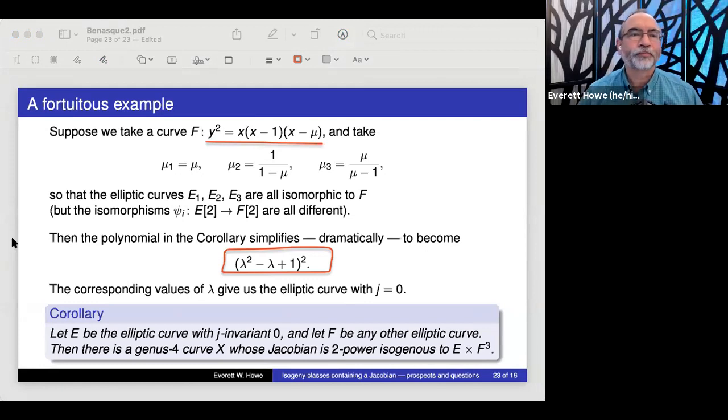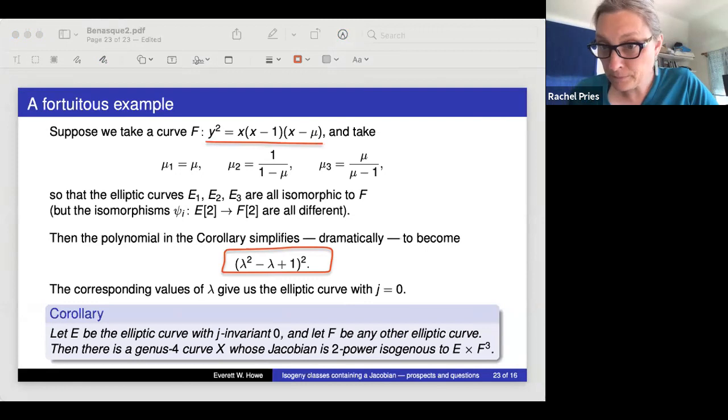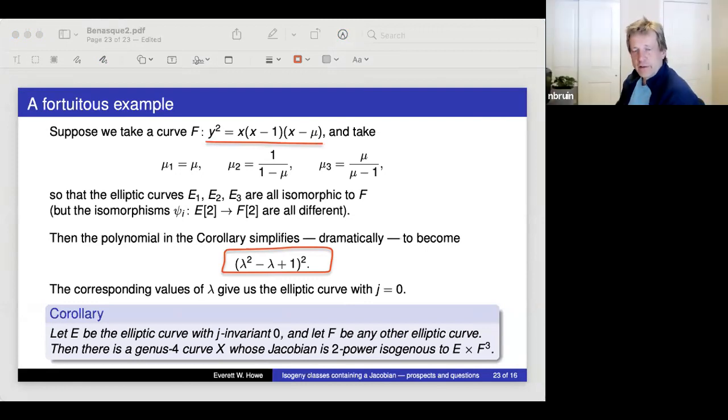Thank you. Let's see, Niels? Yeah. Hi, Everett. Thank you very much for the talk. My question was actually a little bit along the same lines as Bjorn's. You find this corollary which looks really surprising when you arrive at it along this road, but it's telling you something about how the Schottky locus is intersecting with some other special strata, right?